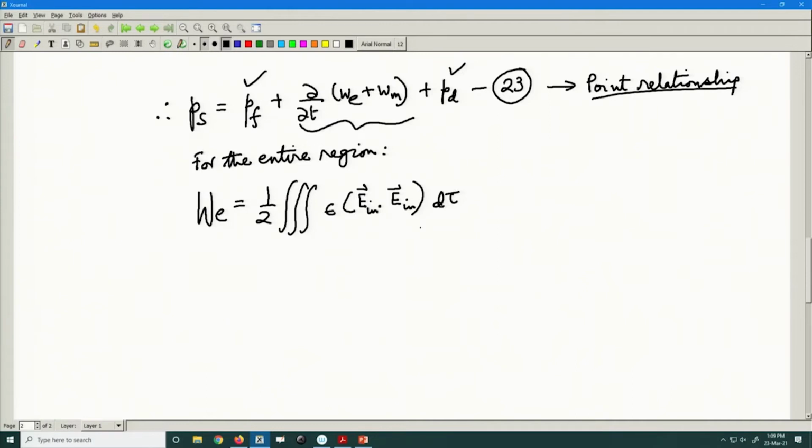So, we have formed the triple integral because it was the energy density.